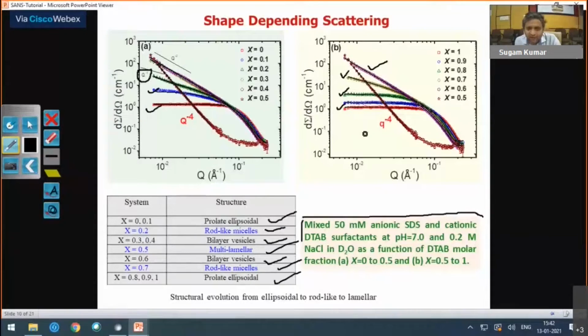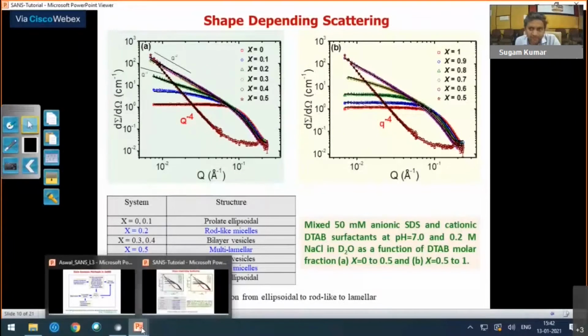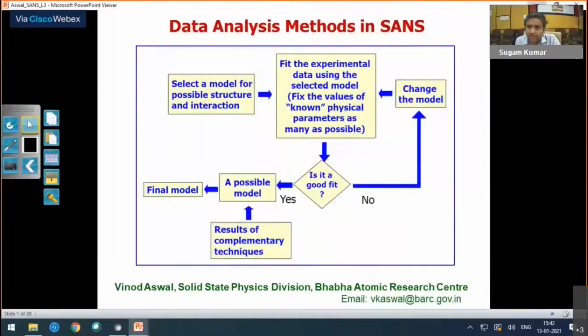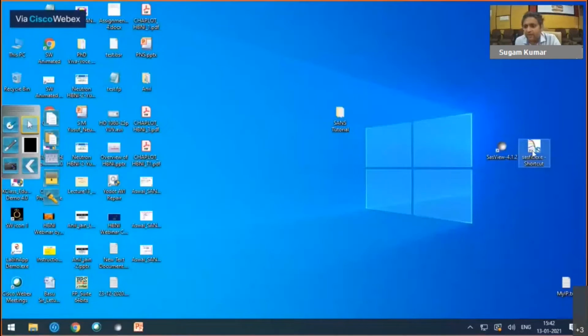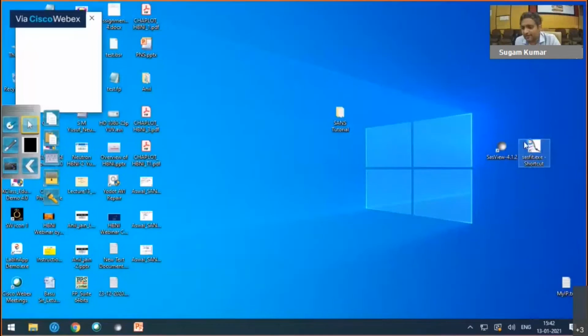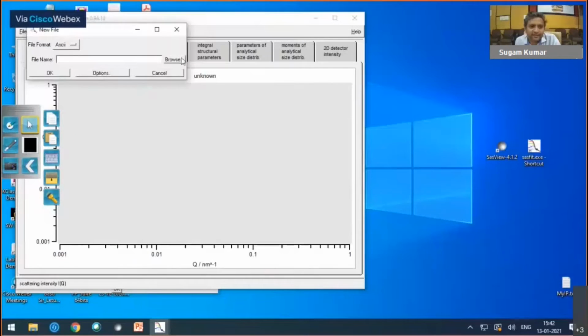Let's do one data analysis for this sort of system. So what I was saying is, you just need to double click on the exe of the SAS file, and this window will appear. Yeah, single data set as we did.